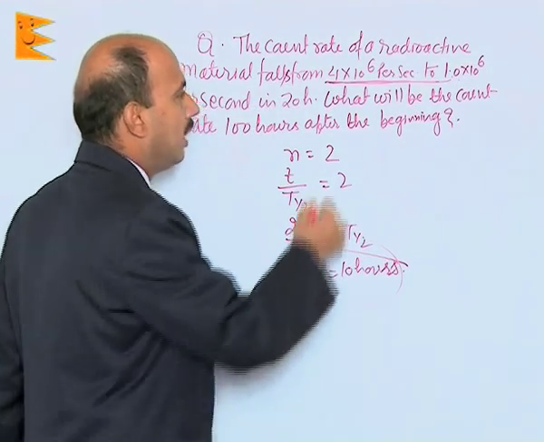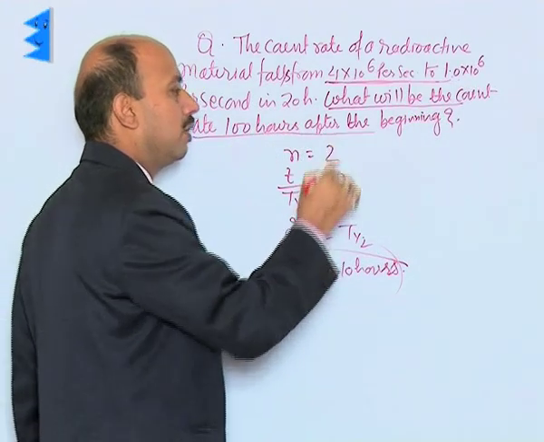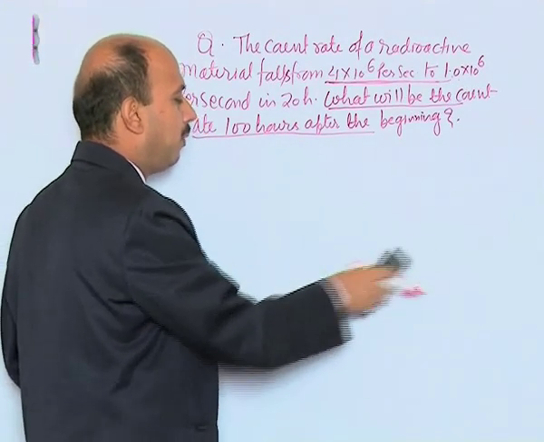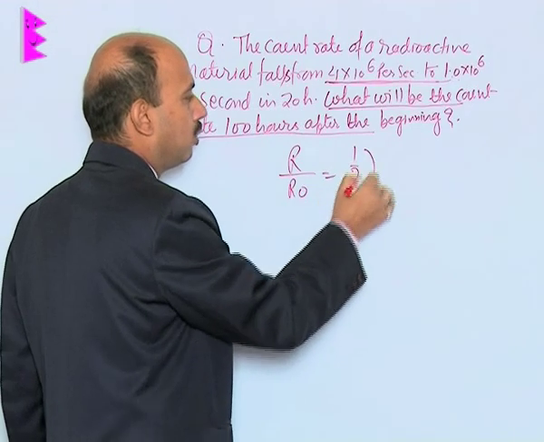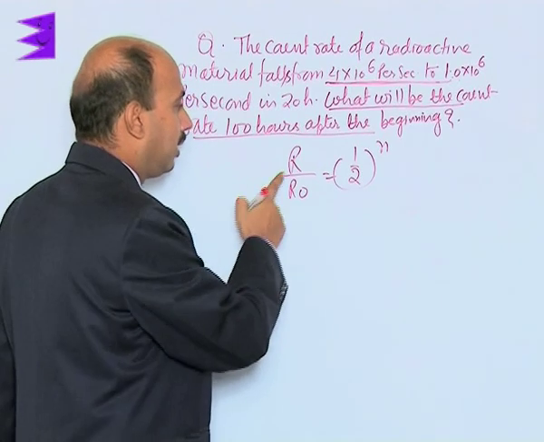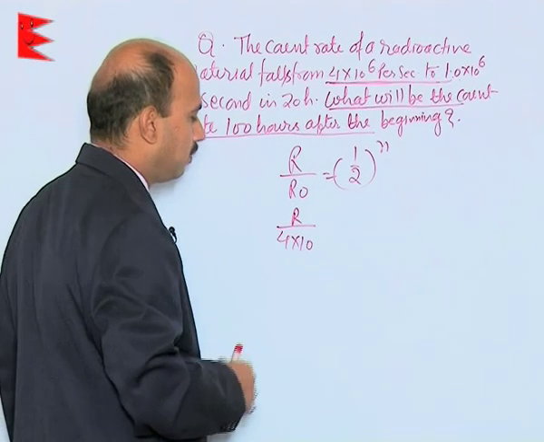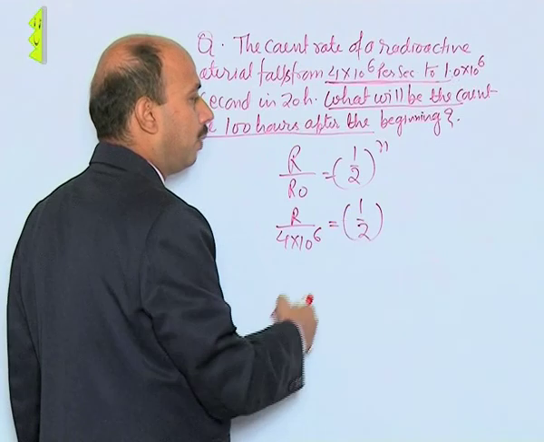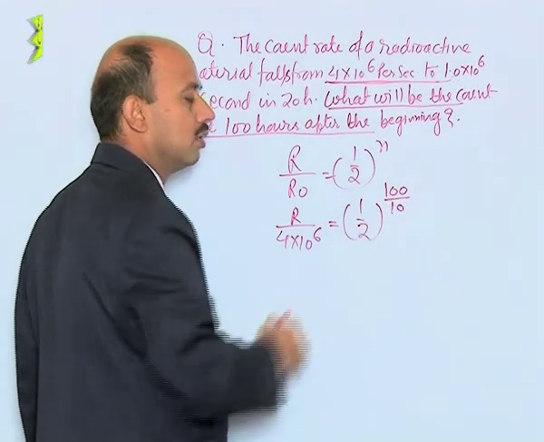Now we can go for the next part of the question. What will be the count rate 100 hours after the beginning? For this, again we can use the same formula, R upon R naught is equal to 1 upon 2 raised to power n, and here we have to calculate R. So R upon 4 × 10^6 is equal to 1 upon 2 raised to power 100 upon 10.